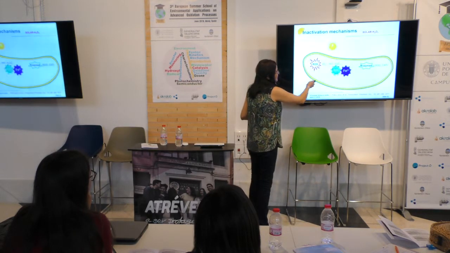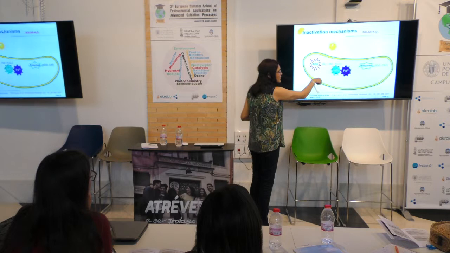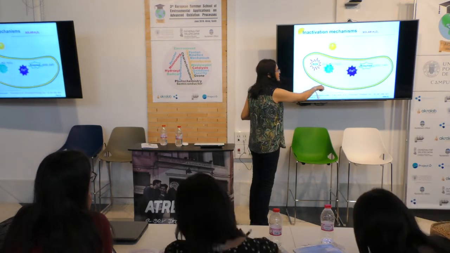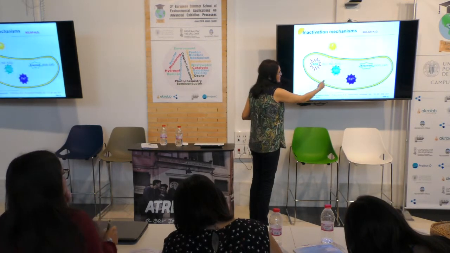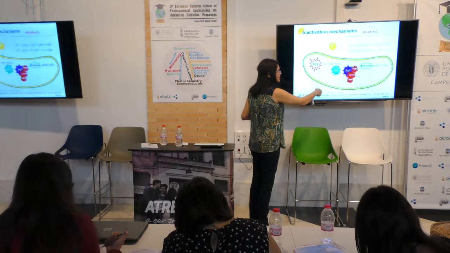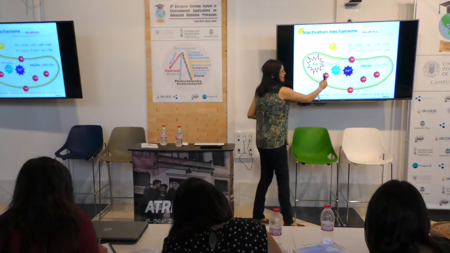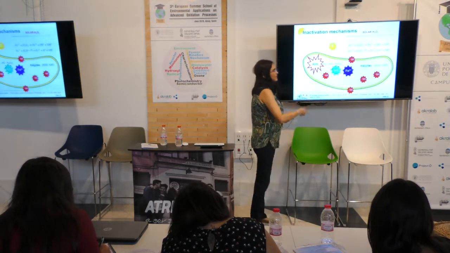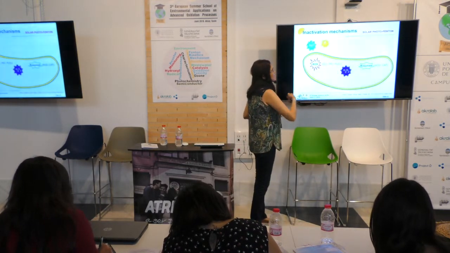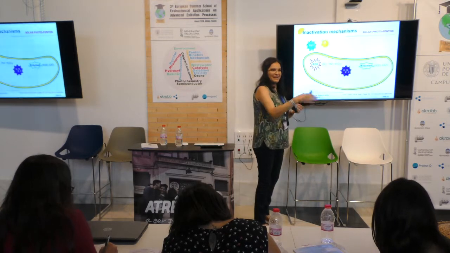In that case, it is because the hydrogen peroxide added to the water can go inside the cells, react with the iron that is naturally occurring inside the microorganisms, and generate, by internal Fenton reaction, hydroxyl radicals that affect the microorganisms internally. So we complicate the scenario.